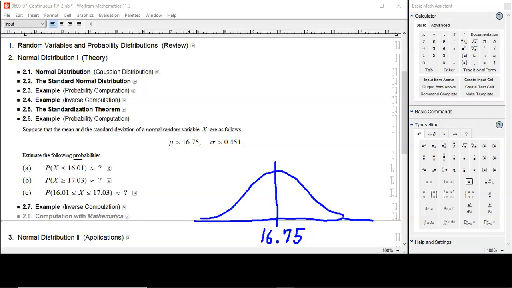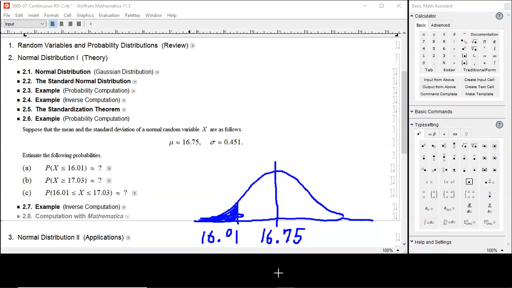And then less than 16.01 is something like this. 16.01 is here, and then this part. Lousy drawing, please forgive me. Does it make sense?